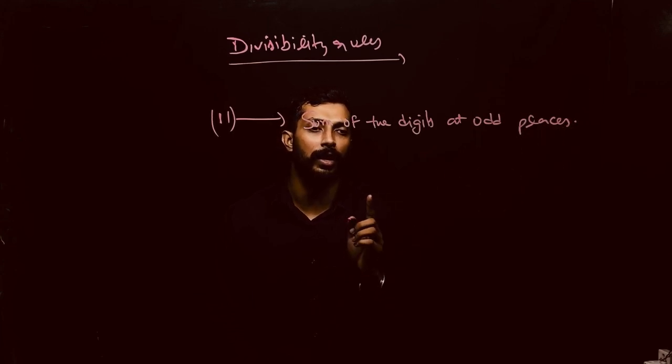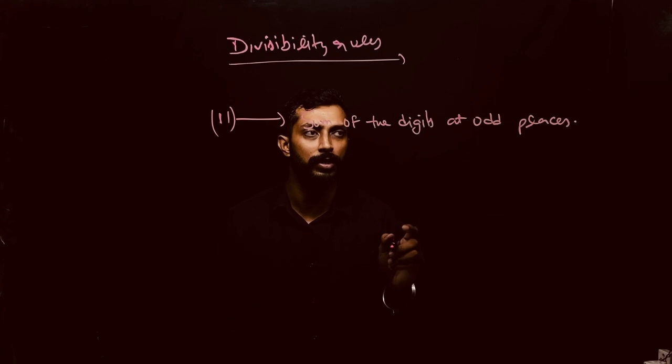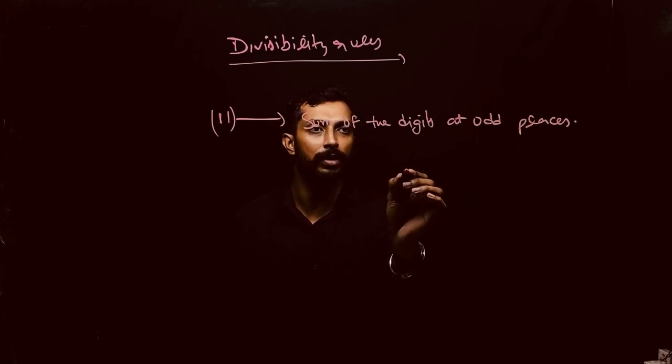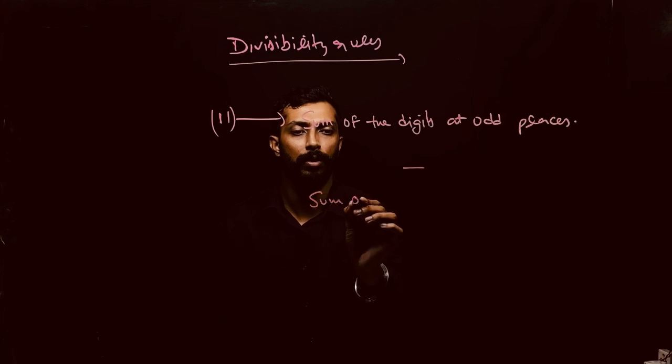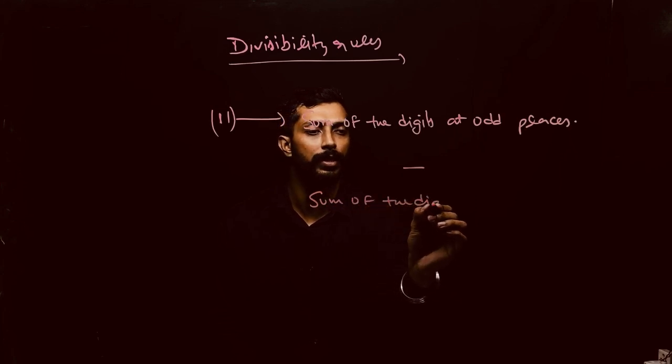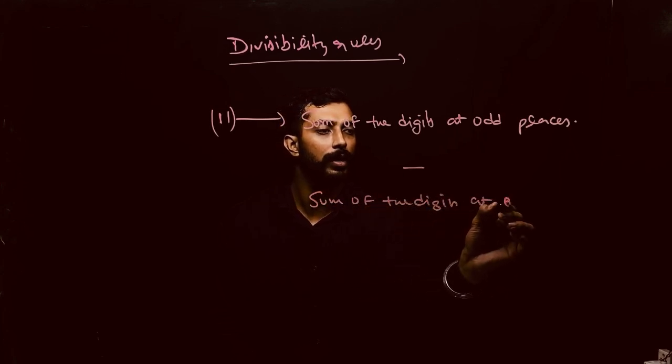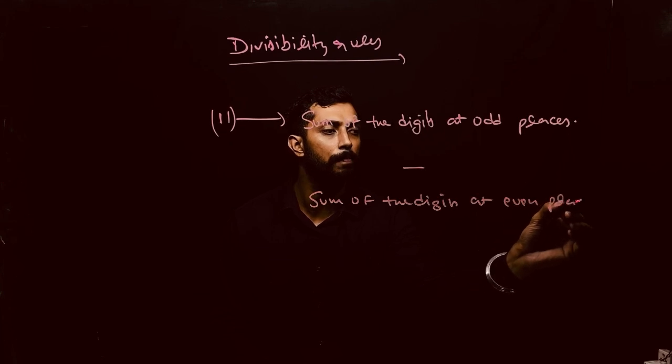I'm not saying that these are odd numbers. I'm saying the sum of the digits at odd places subtracted by, we can say, the sum of the digits at even places.